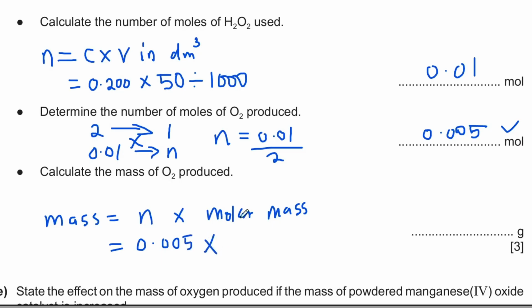multiplied by molar mass. How do we calculate molar mass? Calculate molar mass by adding relative atomic mass of the individual atoms in that compound or molecule. So in this case, oxygen O2, relative atomic mass of oxygen is 16. So we have 2 of it, so times 2. So it will be 0.005 multiplied by 32, which is equal to 0.16 gram.